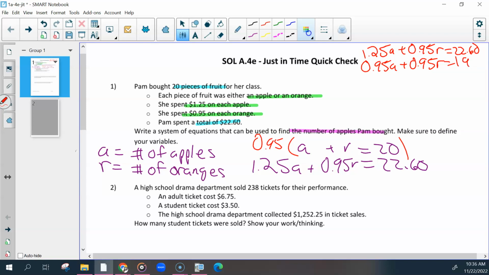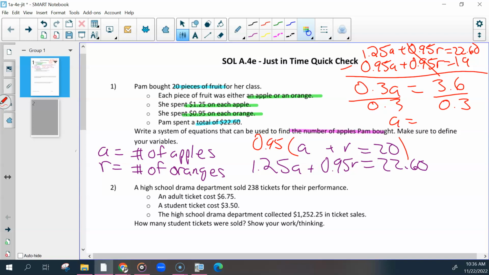Okay. So now that we have our two equations, we can eliminate R by subtracting. So we have 0.3A equals 3.6. And divide both sides by 0.3. So A equals... Guys, you should be paying attention.